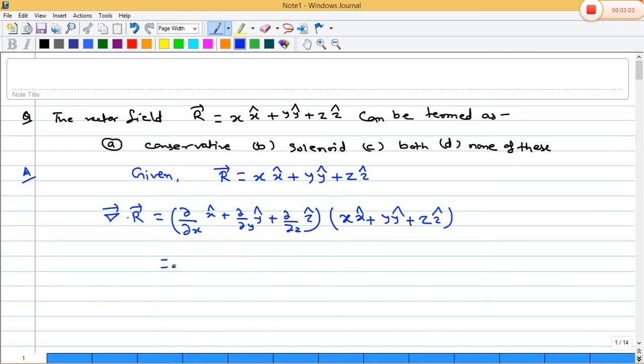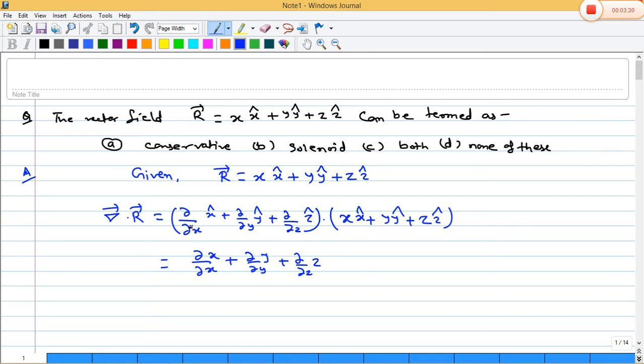Now we can multiply it: del by del x plus del by del y plus del by del z. We all know the dot product. So x cap dot x cap will give 1. So only this term will remain, and the remaining terms will be 0.